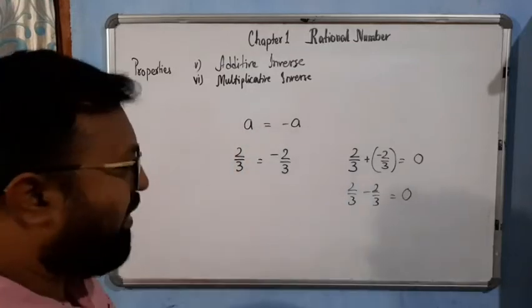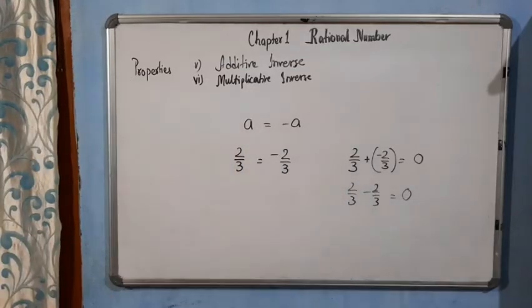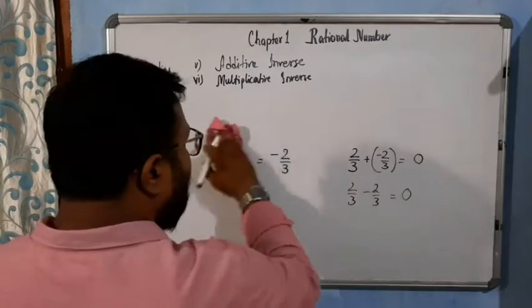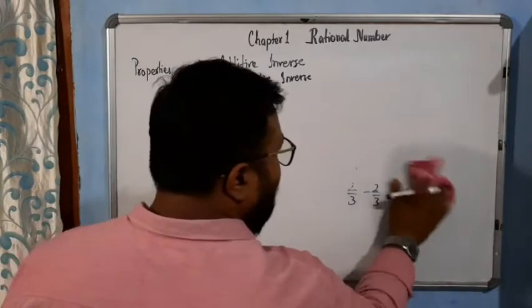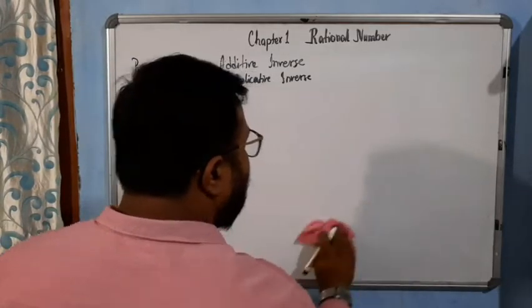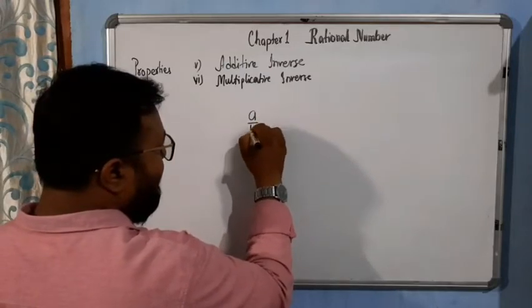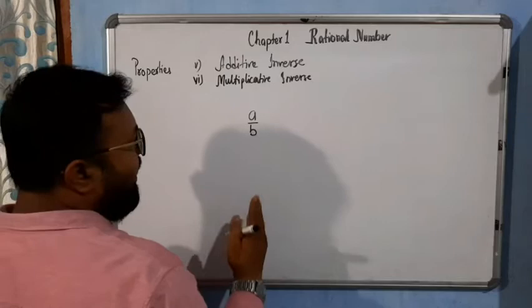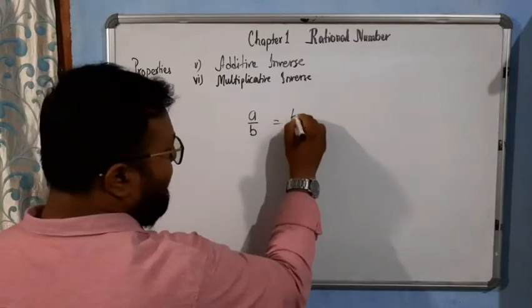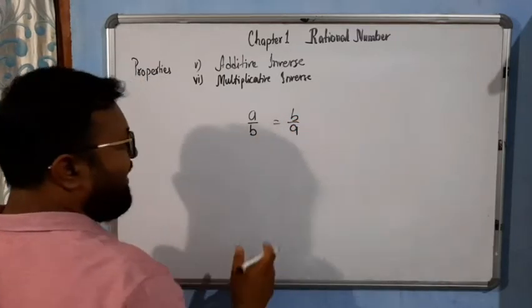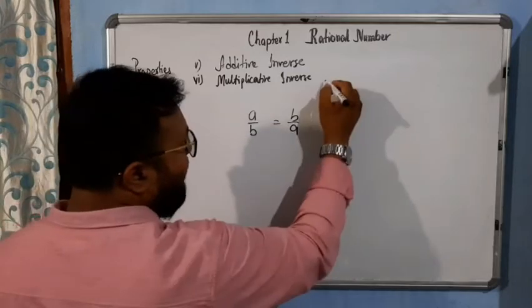Now we will talk about multiplicative inverse. If a by b is the rational number, the multiplicative inverse will be b by a. That is, we can say the reciprocal.